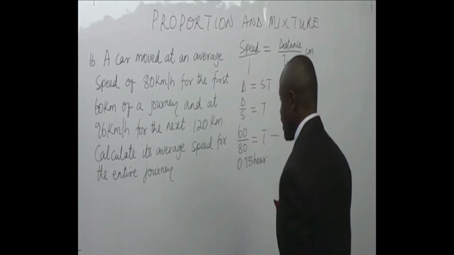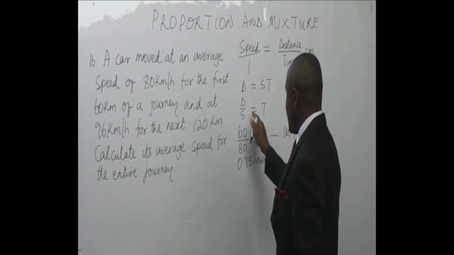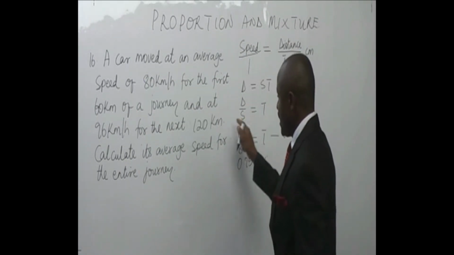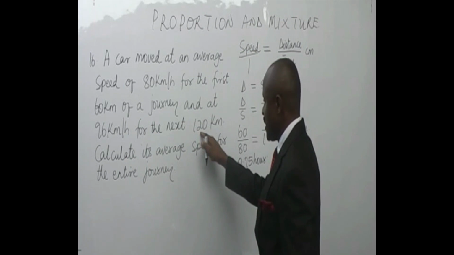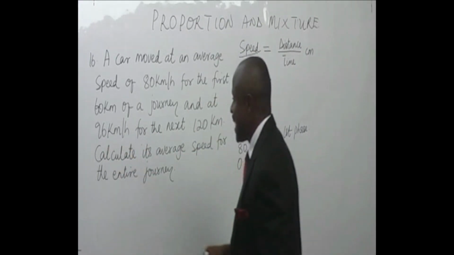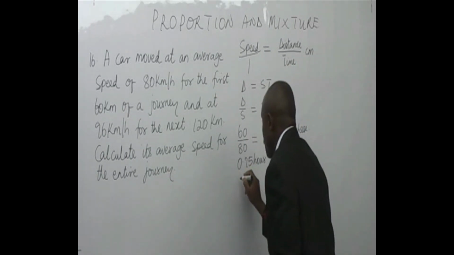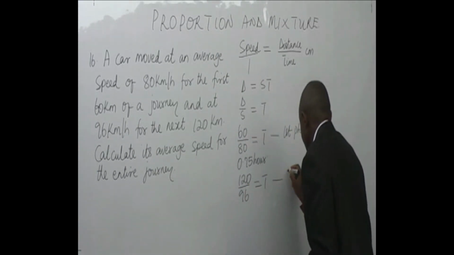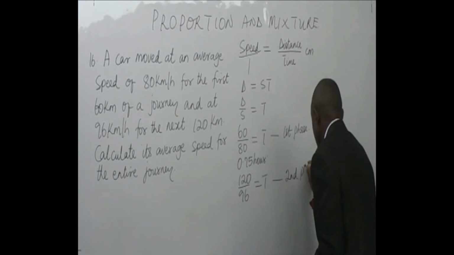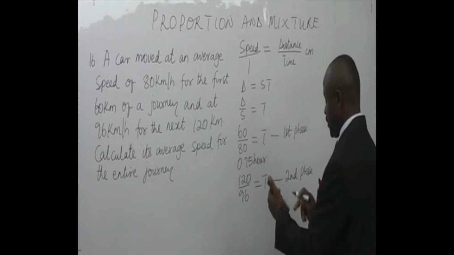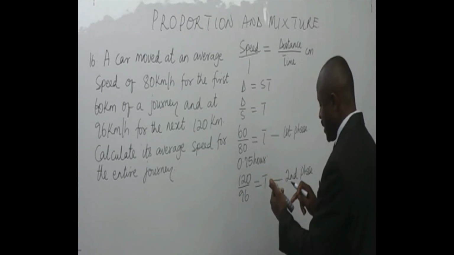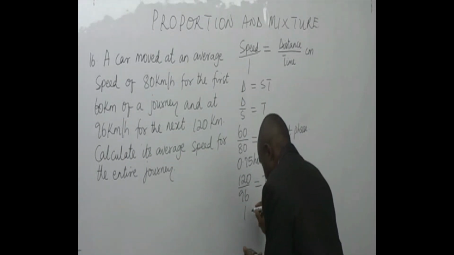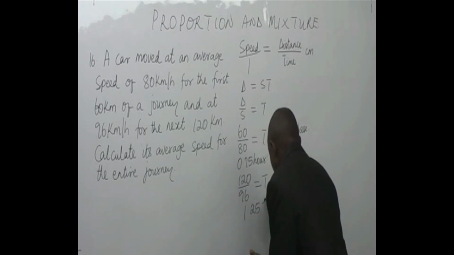Now the second phase of the journey, time is distance all over speed. Distance covered for the second phase is 120, while the speed was 96. So we have 120 divided by 96 is equal to time spent in the second phase of the journey. So let's find what it will give us. 120 divided by 96, 1.25 hours.